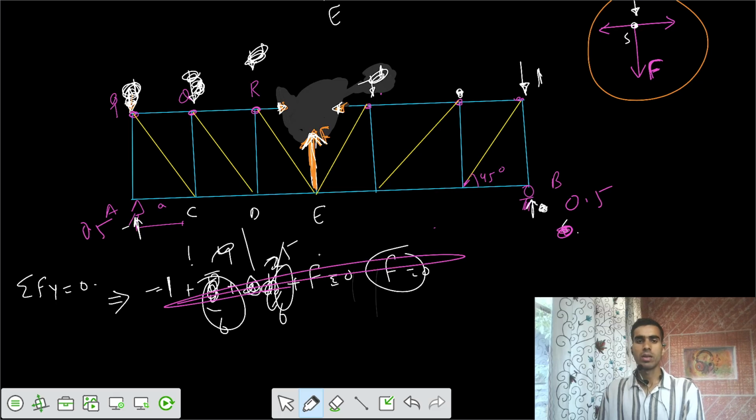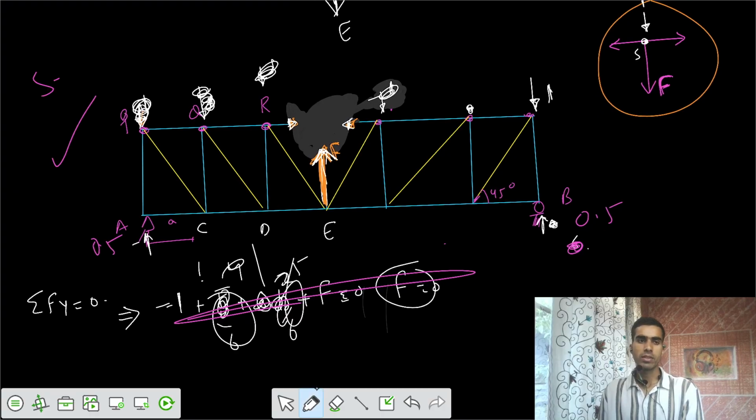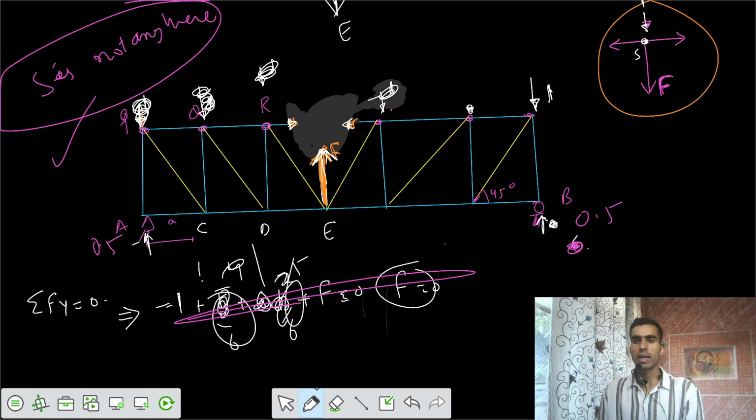Now you have placed the load at S, but in this section, S is not anywhere, so the effect of that would not be there. There is some force F here, and reactions of 0.5, 0.5.